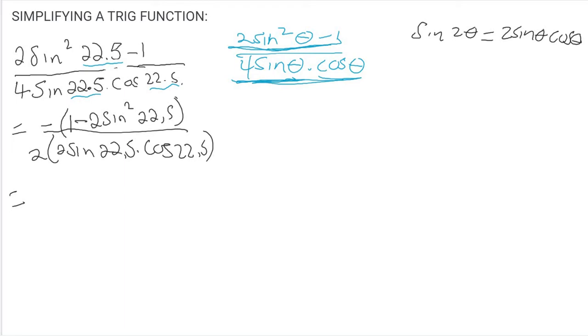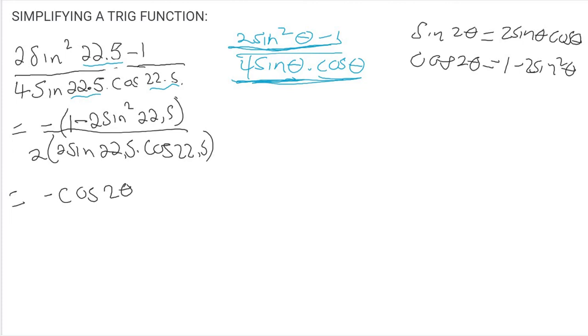Now we can replace this. The top one is coming from cos 2 theta, which is equivalent to 1 minus 2 sine squared theta. So the top will just give us cos 2 theta.